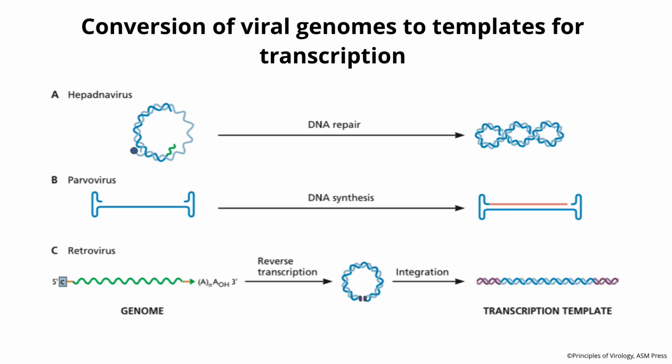And then, of course, the retroviruses, the plus-stranded RNA genome. When this comes in the cell, it is not translated initially. It's hidden in the nucleocapsid of the particle. The ribosomes can't get to it. But in that particle, there is an enzyme, reverse transcriptase, that makes a DNA copy. And that DNA goes into the nucleus.